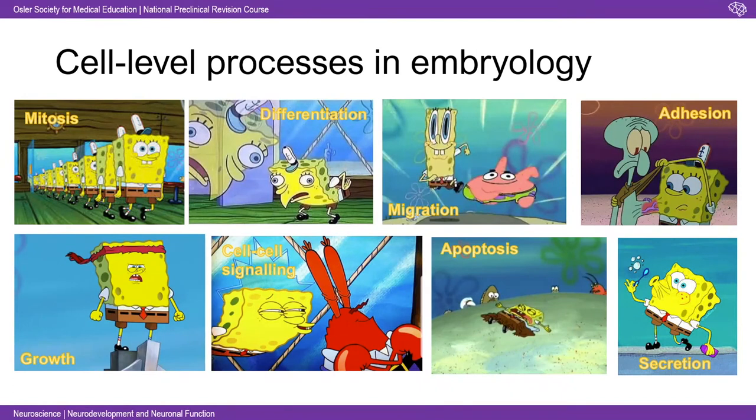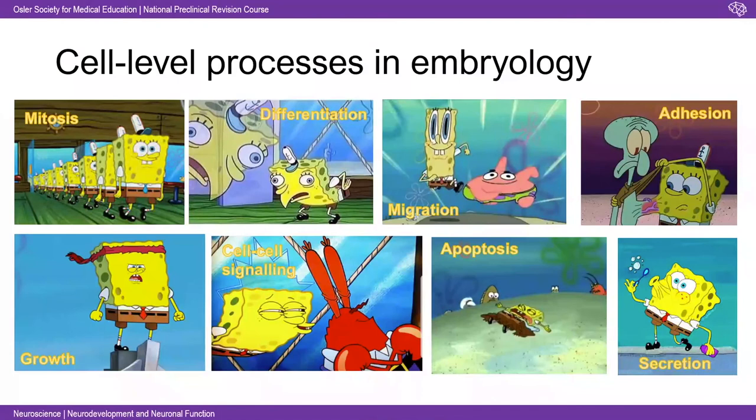So whilst I'm giving you the lecture today, I would recommend that you think in the back of your mind what various developmental processes are going on. What are the cells doing? What are the tissues doing? And maybe even come back to this slide at the end and try and allocate some of the processes that we've spoken about to some of these cell level processes.